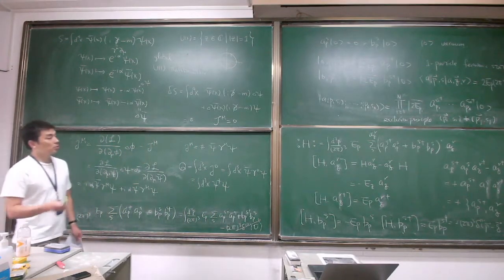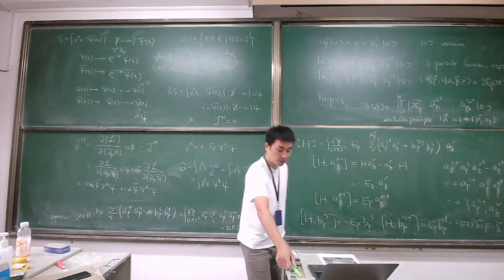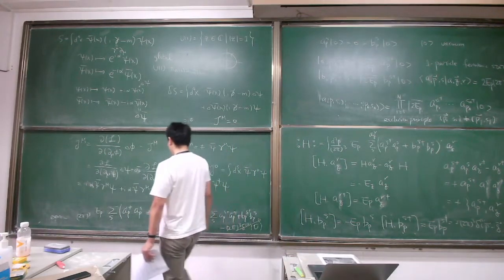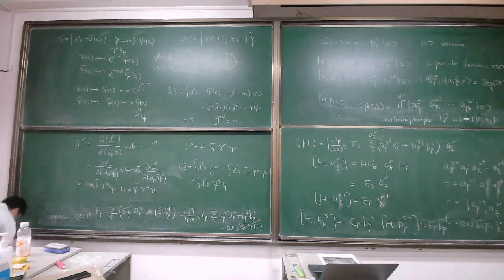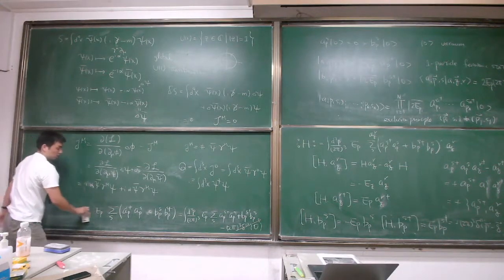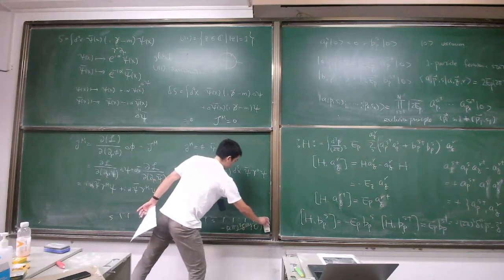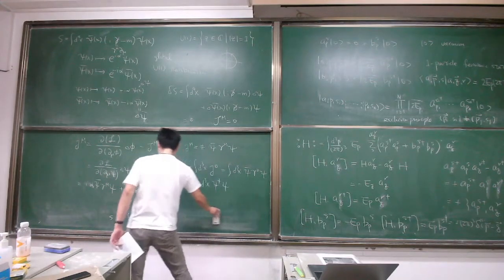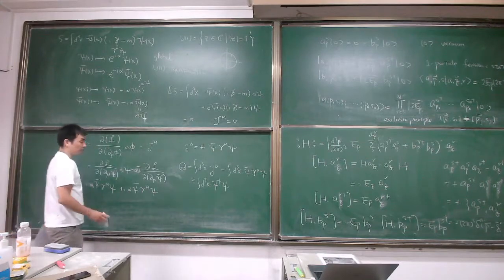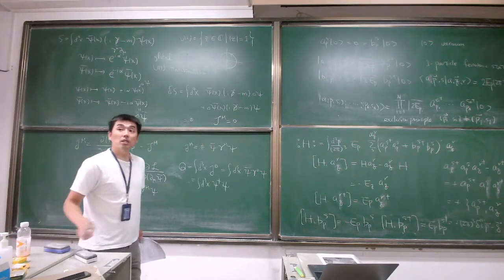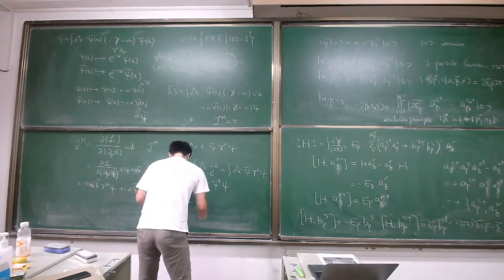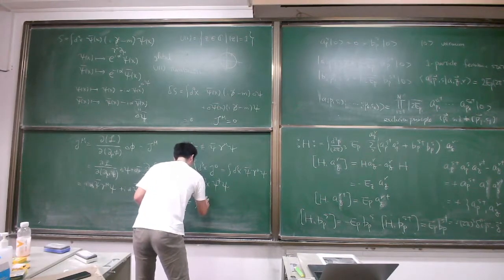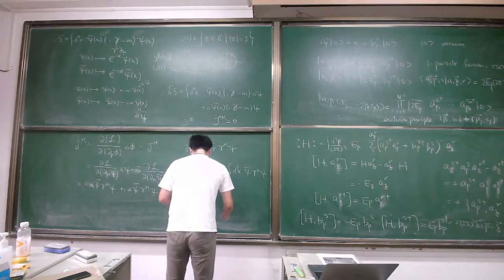Now we just plug this Fourier transformation into the integral, and this is indeed equal to the integral d^3p of something minus b_p^s dagger b_p^s.